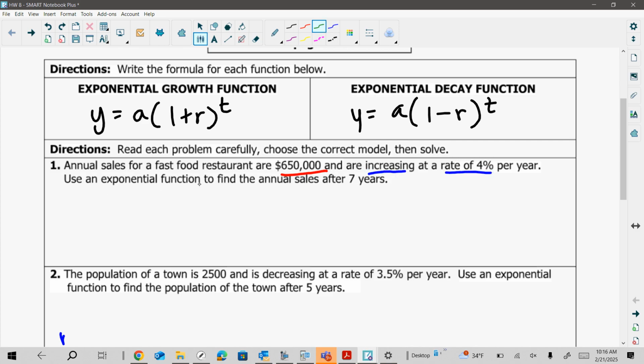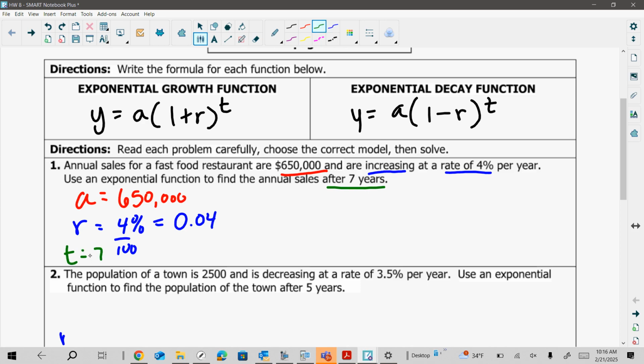They want to know what our annual sales are after 7 years. So A, your initial amount, is the 650,000. Your rate is 4%, but we need that as a decimal. Remember, just divide it by 100, that gives you the decimal, 0.04. And then your time, your T, is 7 years here.